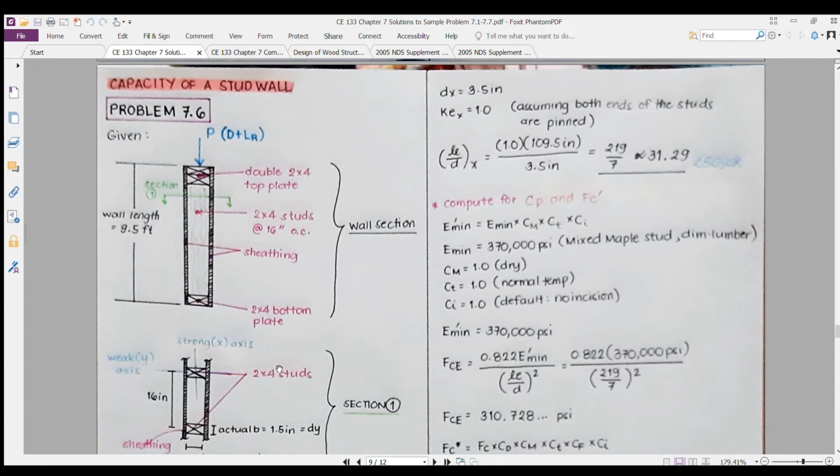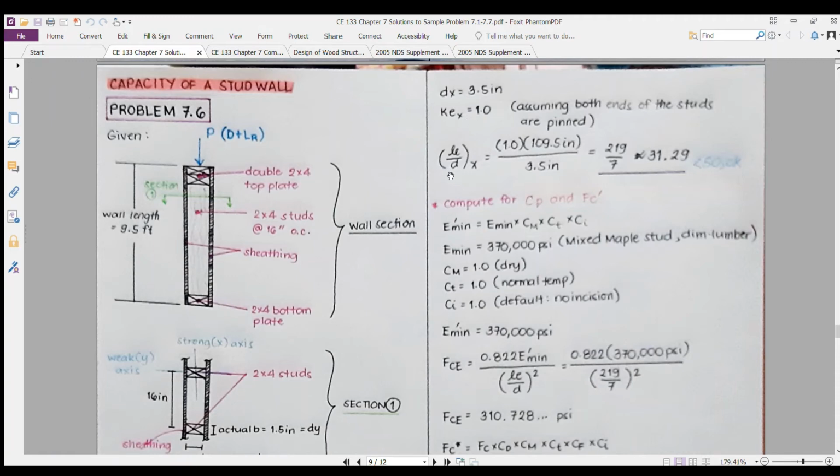So we have here a value of d sub x of 3.5 inches, and the value of k sub ex is 1.0, assuming both ends of the studs are pinned.